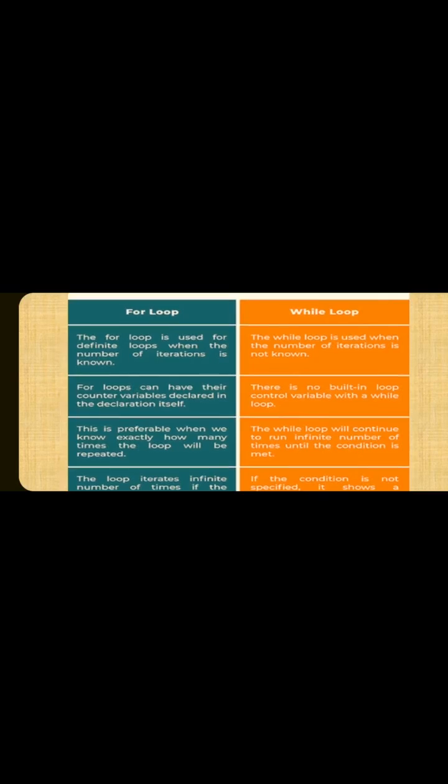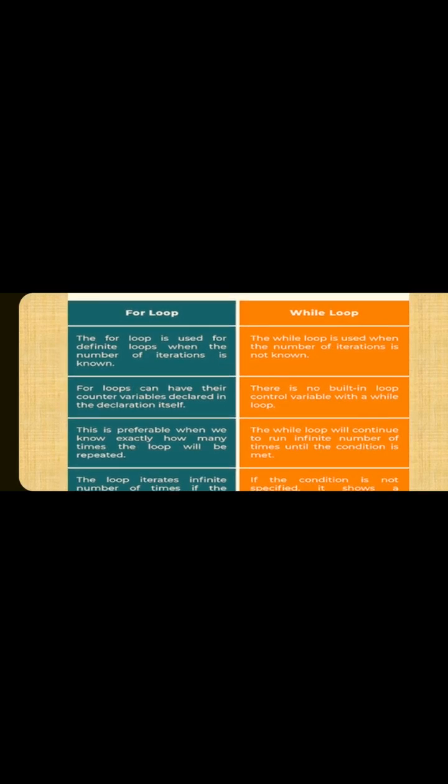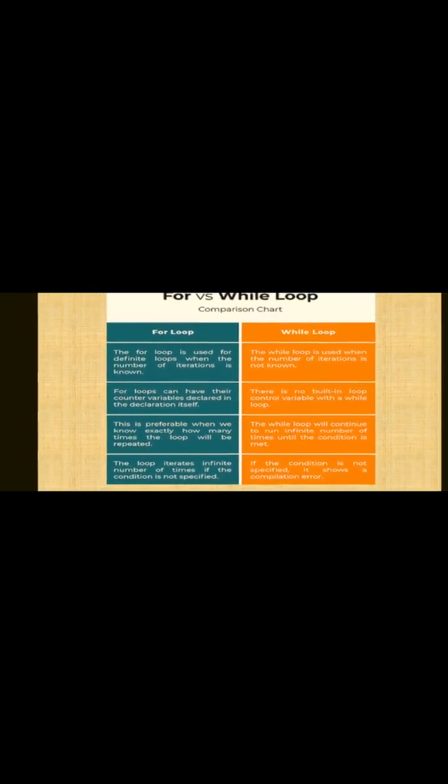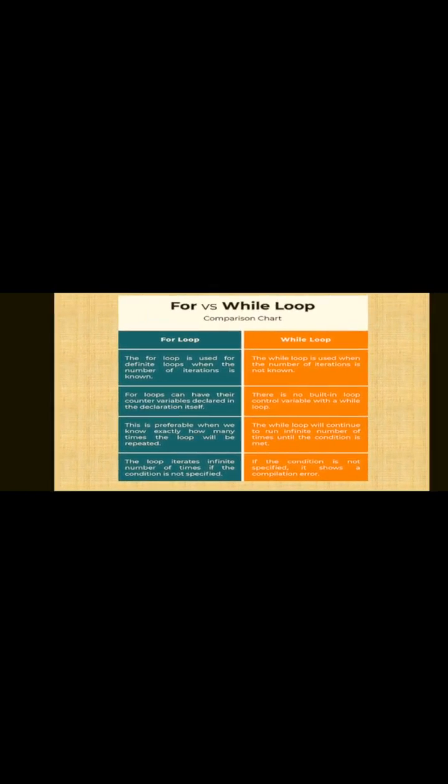So in for loop, the precondition is that it's better if we know how many times the loop is going to be executed. In while loop, it is used when the number of iterations is not known. So it's not necessary for a while loop to know the exact number of iterations.